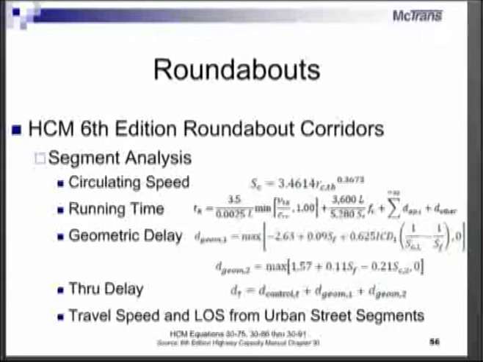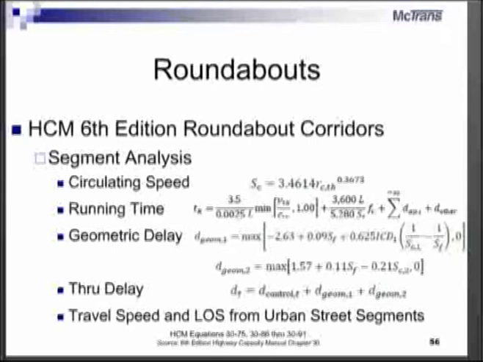And so you see that first equation. The second equation is right out of urban streets. This gives you running time. The only thing that changes is the first term because you have a roundabout at the boundary instead of a signal, but the model is essentially the same. This is running time between intersections along a segment because we're trying to compute travel speed to get the level of service of the segment. The next two equations show you geometric delay for subsegments.